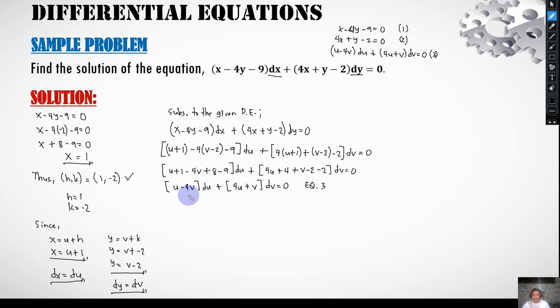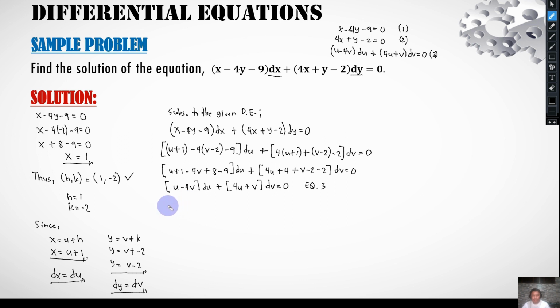So we are going to assign a variable here para masosolve natin, since yung terms natin dito sa loob ng brackets is u minus 4v at saka itong kabila is 4u plus v.